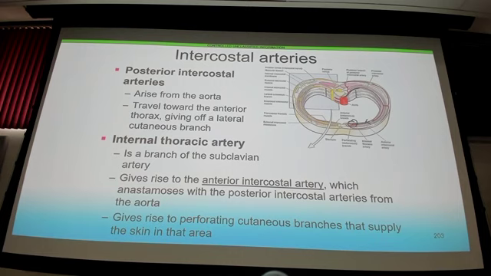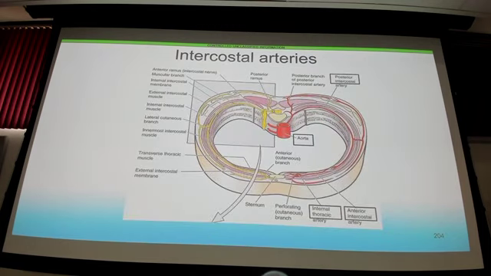Okay, all of those main branches will just feed off. We're not going to name and label them. They will feed off of there and supply the anterior, lateral, posterior walls, skin, cutaneous branches, all of that. Okay, so this is kind of a wasted slide. This is just a blow up in case I want to talk about it more, but I think we got it.